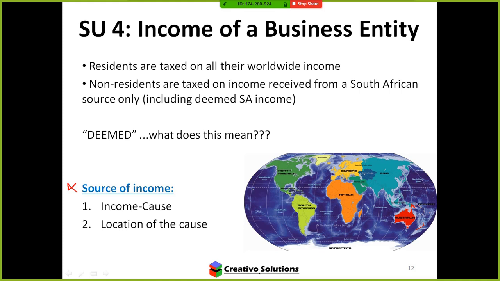Right, and then the last bit that we need to look at here in terms of theory, what is the source of the income? So, in other words, what caused the income? If I have a building that is being rented out, what is creating the income? Is it the building or is it the workers inside the building?